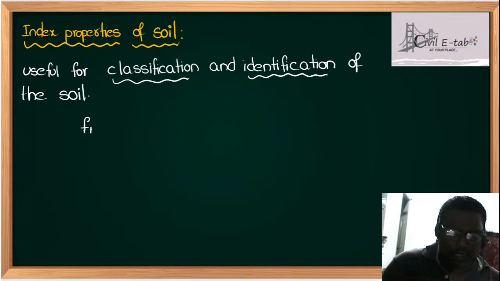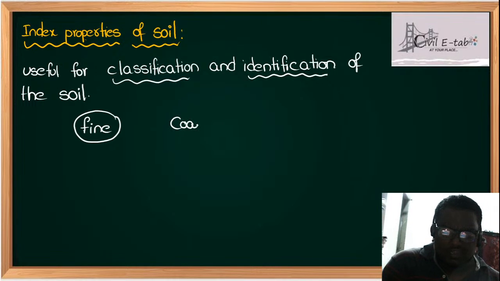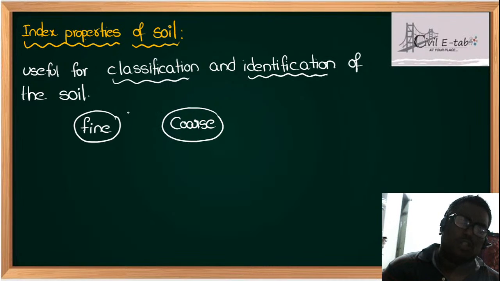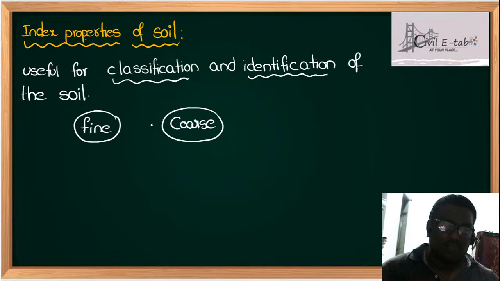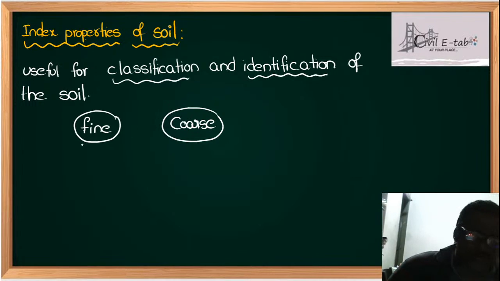We have one is fine grained, and another one is coarse grained. Now you can ask me, how do you classify fine grained and coarse grained? It is purely based on the size of the soil particles.